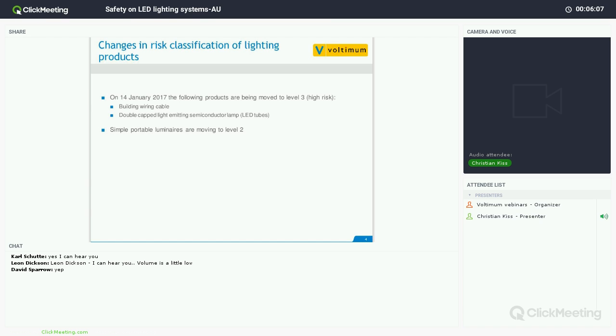Simple portable luminaires are moving to level 2, so that's a slight difference as well. A simple portable luminaire is essentially something like a table lamp where you, in effect, have very basic componentry that makes it up. So a lamp socket, a lamp shade, and cable, and so on.